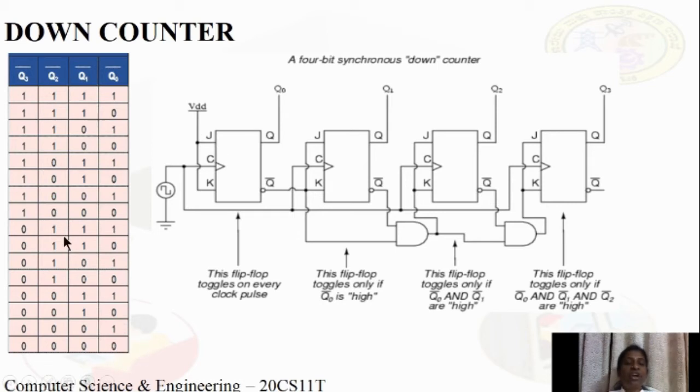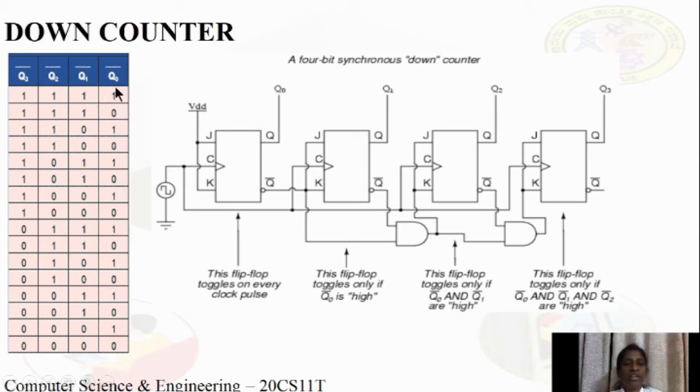The contents of the counter are decrementing by 1. So, we can call this counter a down counter, and let us construct the circuit diagram according to this. Let us observe here the Q0. It is decrementing downwards.